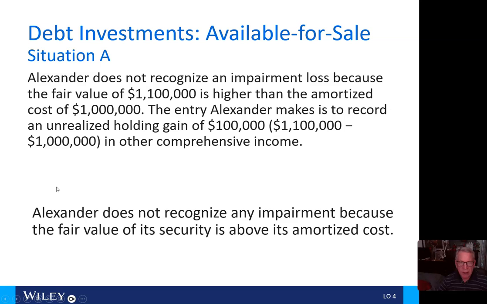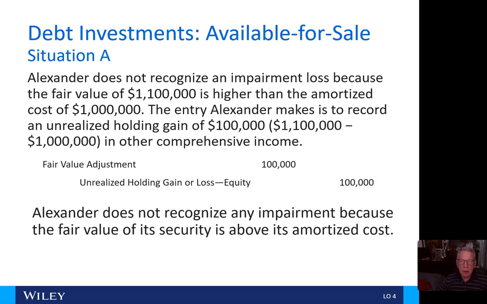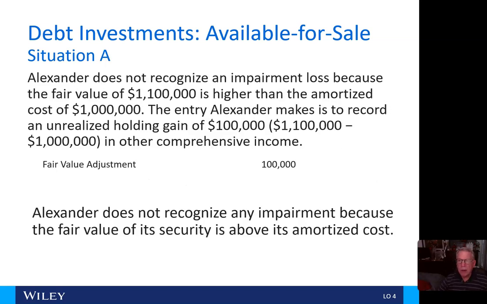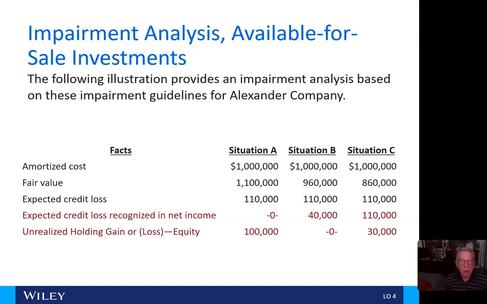Alexander does not recognize any impairment because the fair value of its securities is above its amortized cost. And there's our journal entry, fair value adjustment, $100,000, credit to unrealized holding gain or loss dash equity, $100,000.